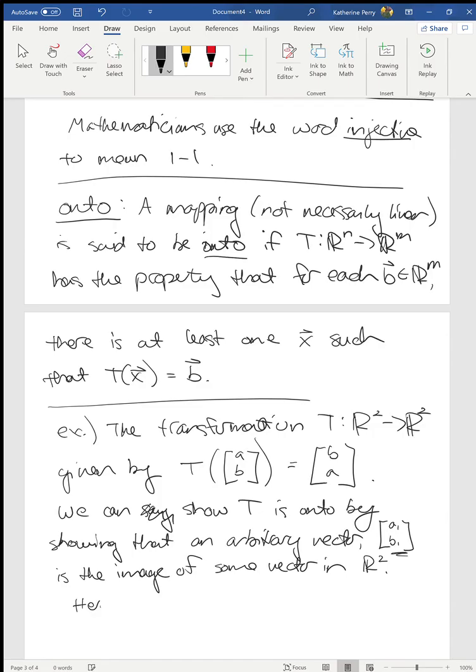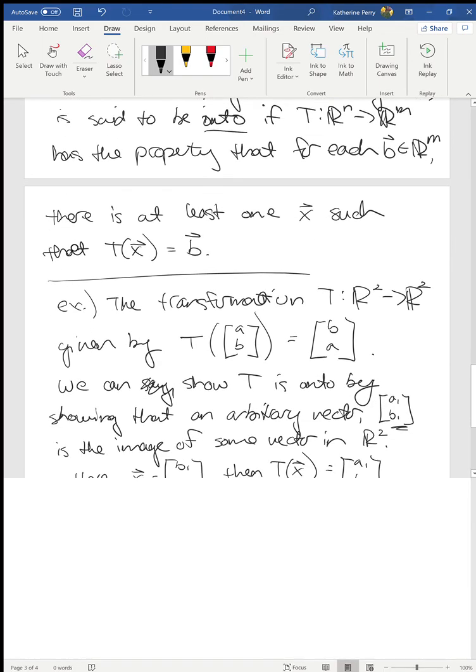And so here, that vector, say x, if I let this be equal to (b1, a1), then T of x is equal to (a1, b1). And so that means that T is onto, because for any vector you give me, I can find some vector that is sent there.